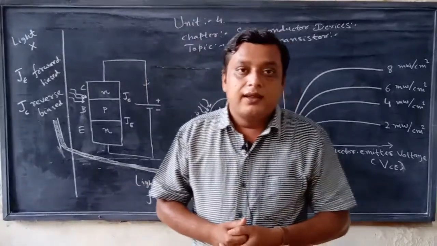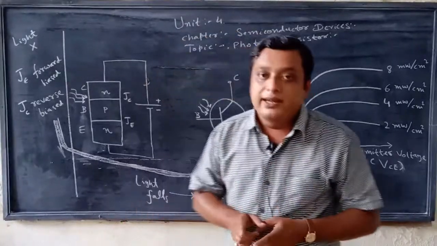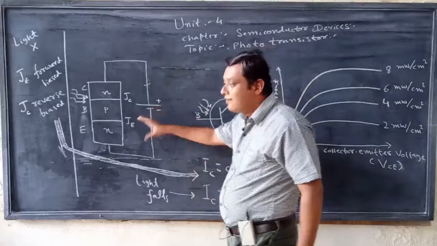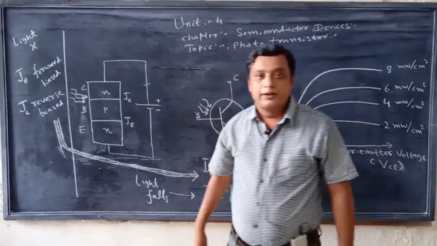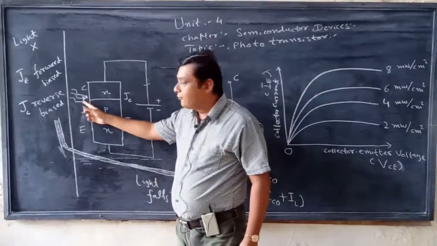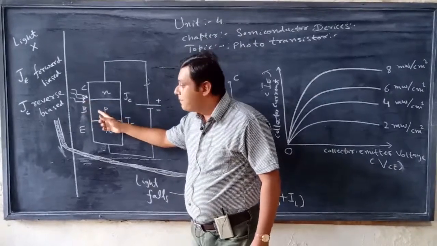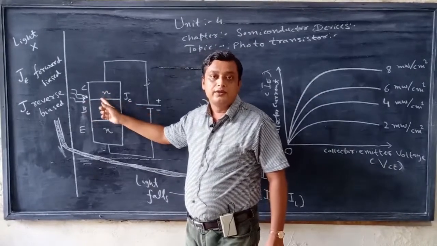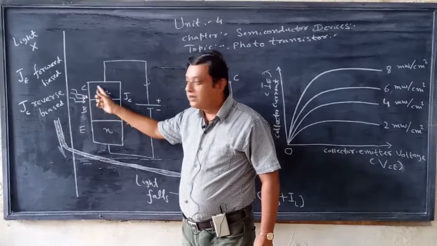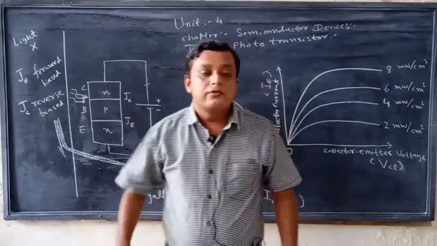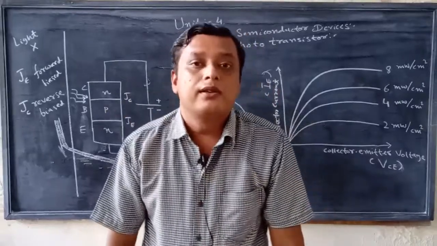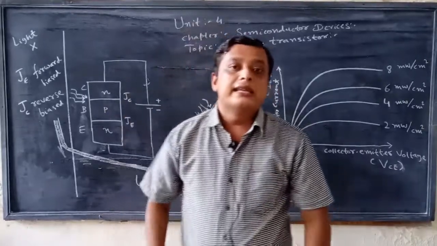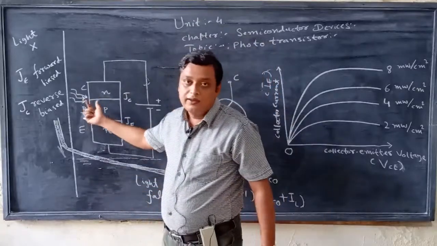And there is a similarity between the working of the phototransistor and the photoelectric effect, because this photon is falling onto the base collector junction. So these photons are responsible for generating the electrons throughout this region.